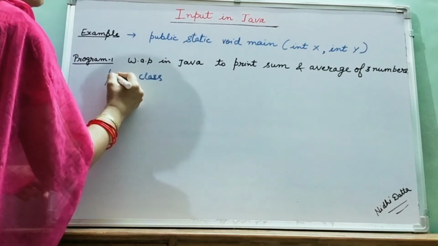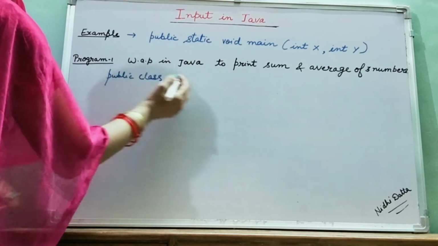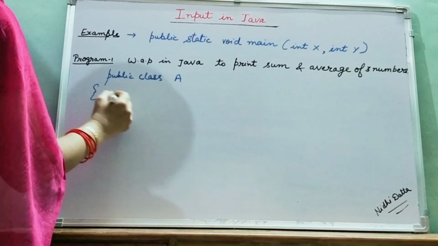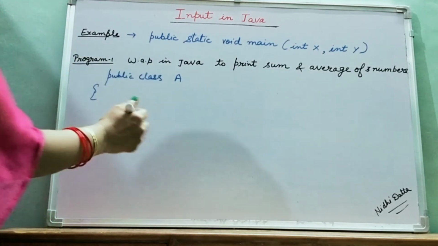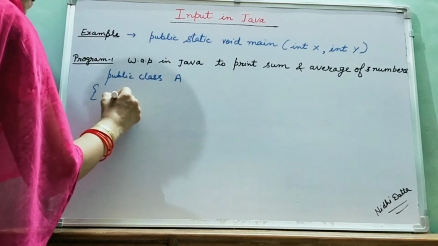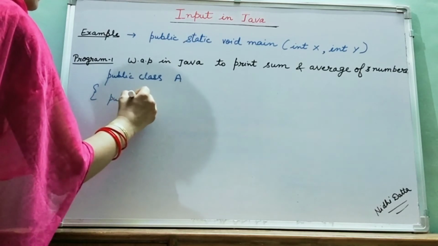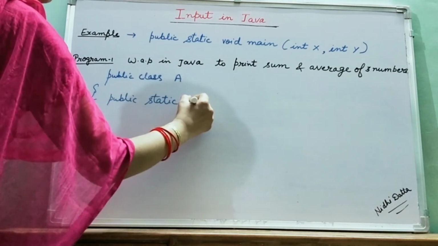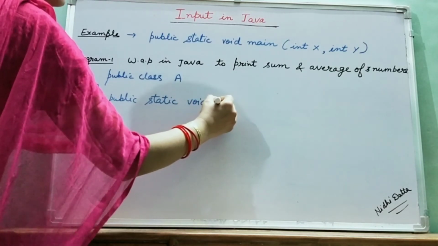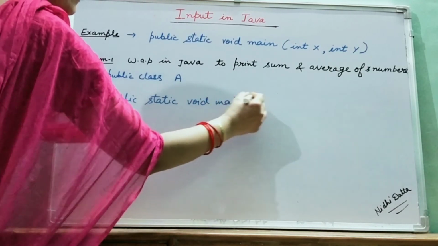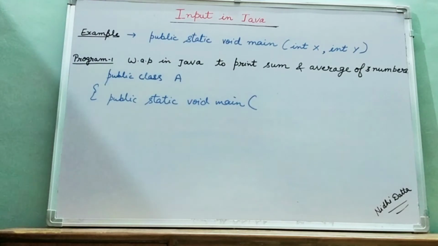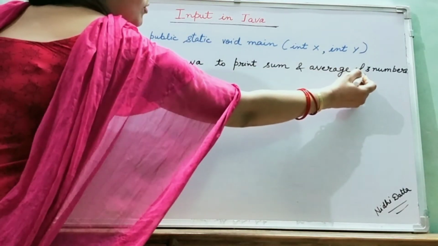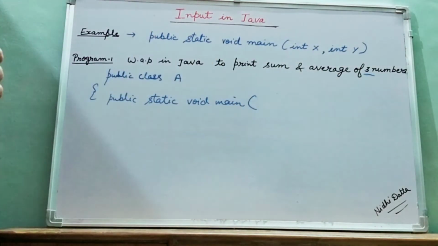Start the program with public class, then the name of the class, then the main function line: public static void main. Here in the main function, pass the arguments, since we are finding the sum and average of three numbers.